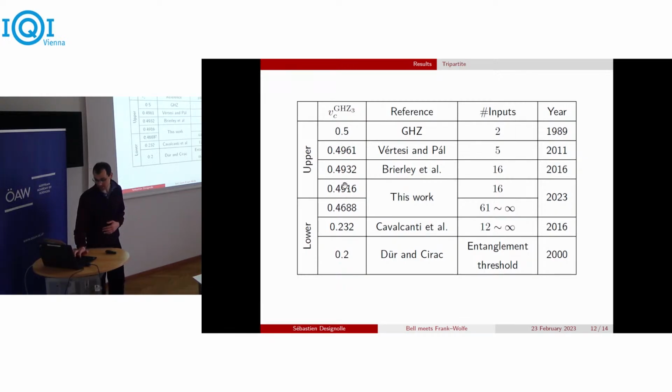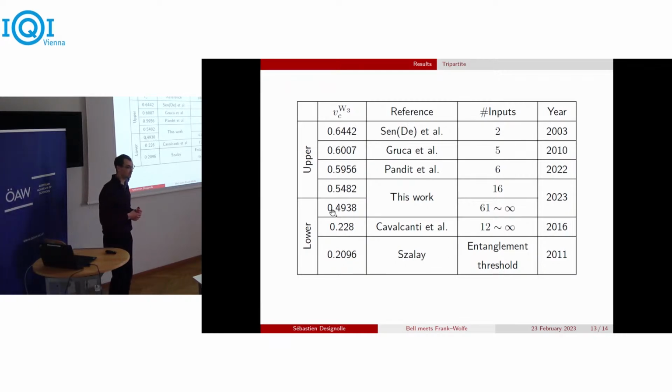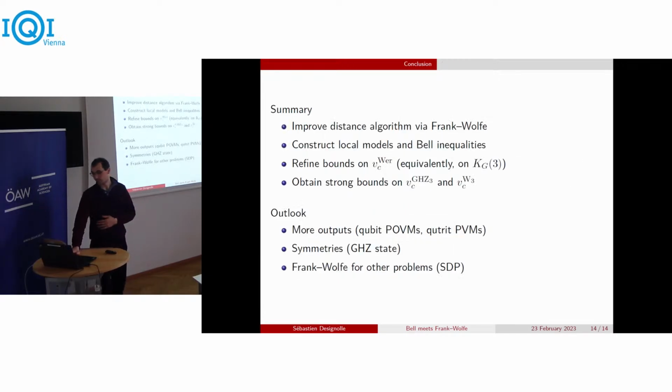What's also nice is that here you see the upper bound is 4916, and if I go for the W state here, the lower bound is 4938, which means that the non-locality of the W state is less robust to noise than the one of the GHZ state in the tripartite case. There are results for more parties, but in the tripartite case, this is the first proof that this is indeed the case.